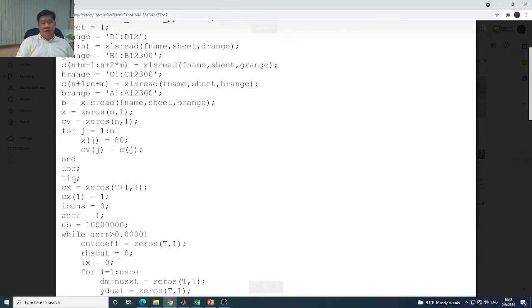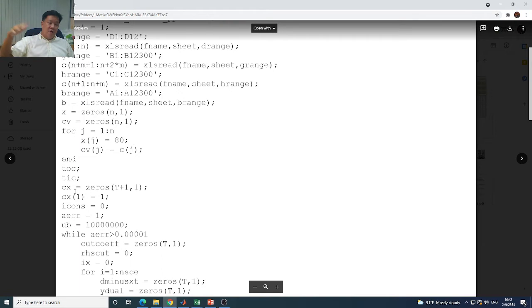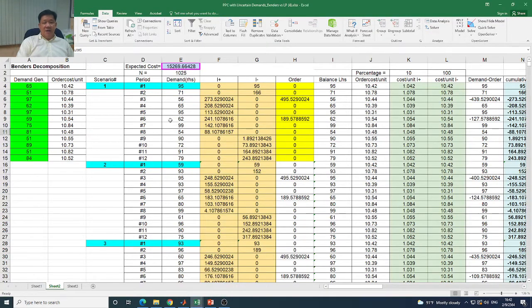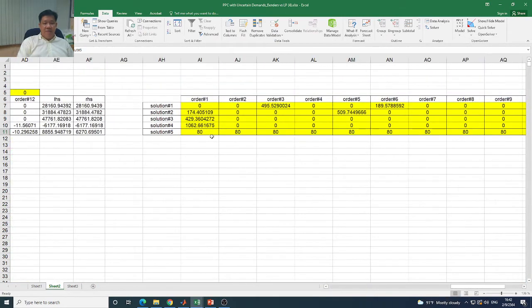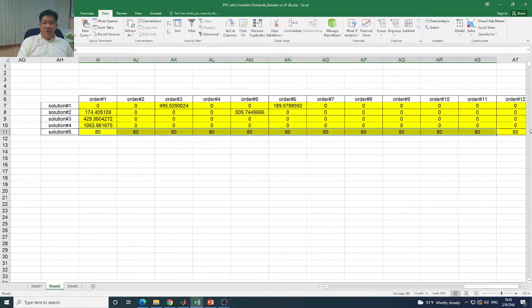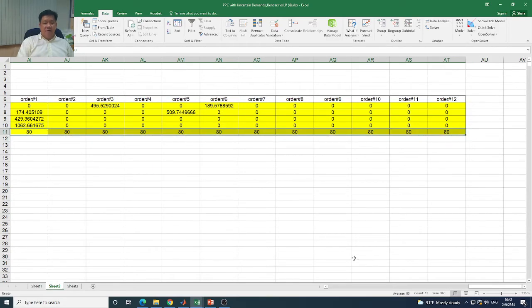Remember that CJ has a lot, you also put all the G or the H in C, but CV you reserve for only n elements, the variable cost associated with each decision variable in the first stage. And we initialize x_j equal to 80. This tries to be similar to what we did in the Bender decomposition, where you might remember that we start with all the x variables with an initial value of 80.